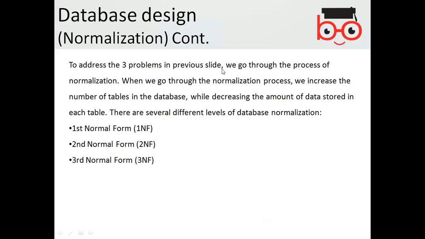In the previous slide, we went through the process of normalization. When we go through the normalization process, we increase the number of tables in the database. This is like when we were discussing many-to-many relationships: you were unable to create the relationship between courses and students when students had many courses enrolled, and many courses were enrolled by many students.